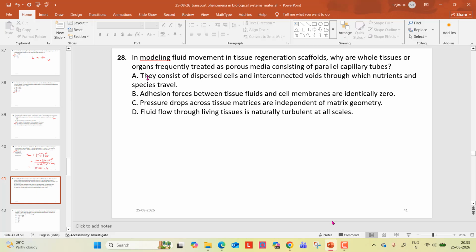Pressure drops across tissue matrices are independent of matrix geometry. Fluid flow through living tissues is naturally turbulent at all scales. So this is the first question. So cells are dispersed and interconnected voids through which nutrients and species travel. So that is why capillary tubes are required.